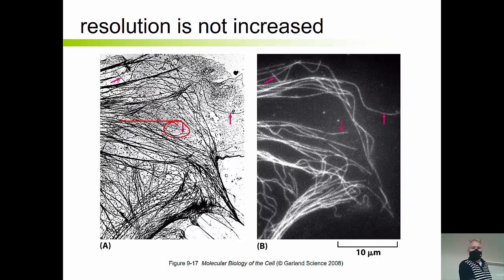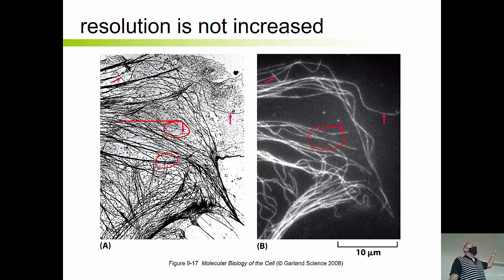If we move down to a section where there's more of them, we can resolve that it looks like maybe 4 or 5 cytoskeletal elements there. If we look on the right, we can detect these cytoskeletal elements, they're too narrow to actually visualize by light microscopy.